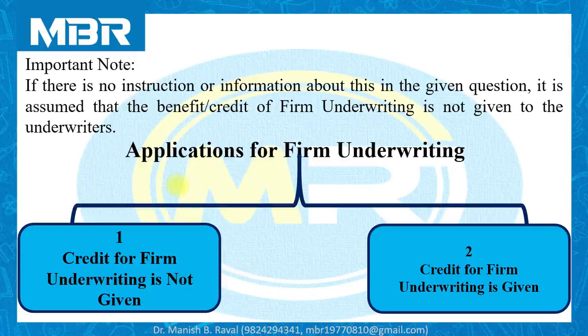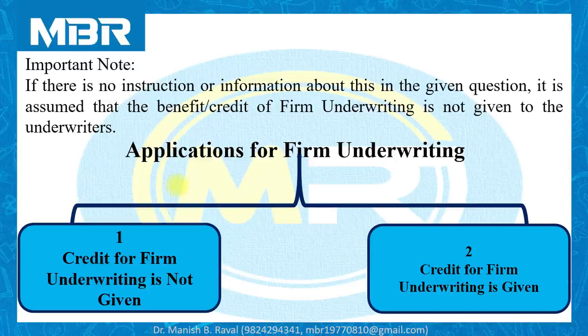In order to understand both these situations, I repeat, there are two situations with us. Situation number one, credit for firm underwriting is not given to the underwriters, and situation number two, credit for firm underwriting is given to the underwriters. This is one of the most important points of the chapter.